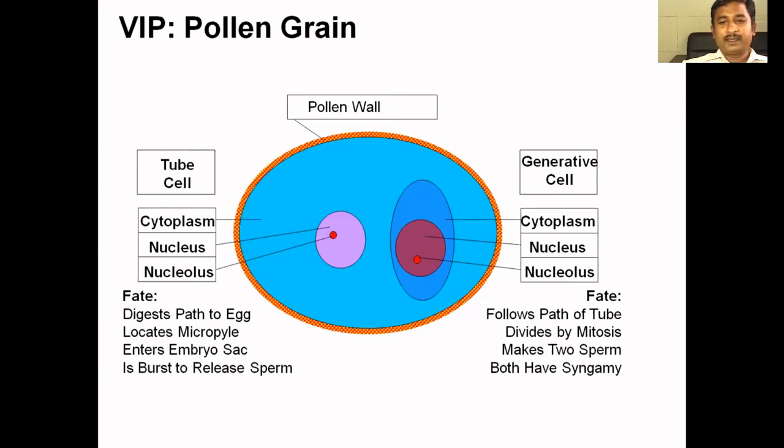Yes, sir. This much is clear. And inside, the cytoplasm, and there is a nucleus. This is a nucleus, and there is a nucleolus. Yes, sir. Nucleus is okay. Nucleolus is okay. Yes, sir. This much is okay.